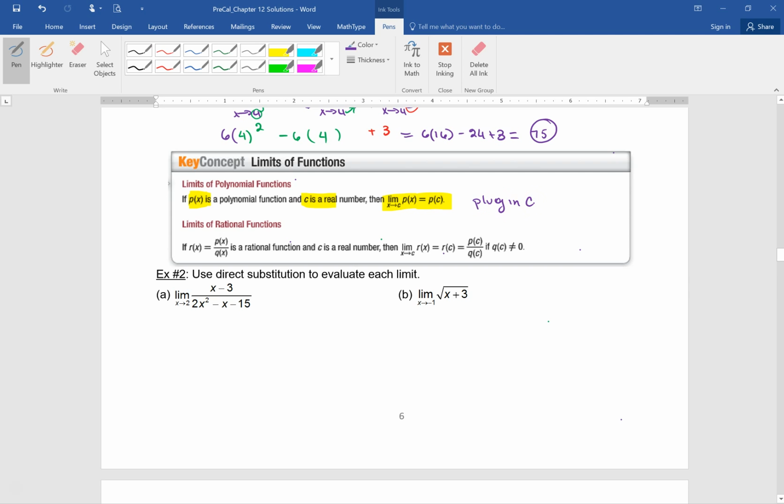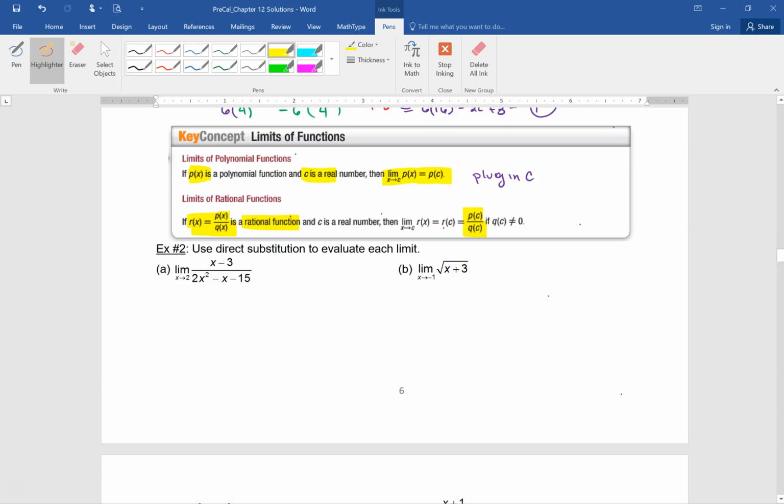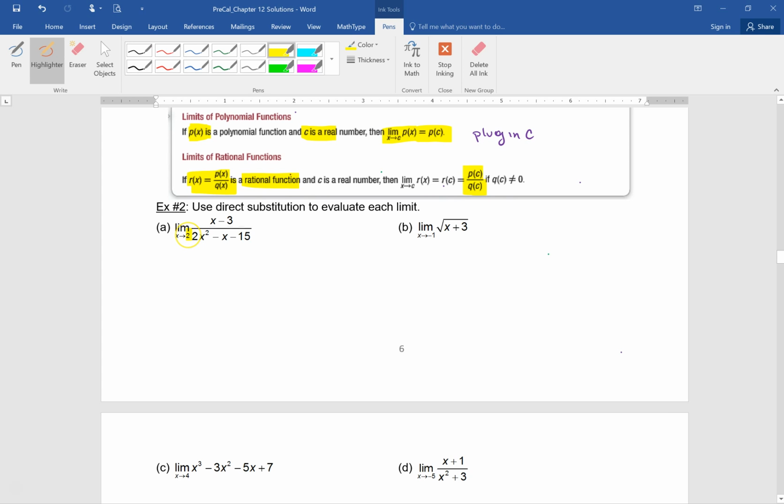And if it's a rational function, then you do p of c over q of c. You just plug in c. So from now on, rather than doing it this way, which can become a little tedious, all we're going to do is take this number and plug it in.